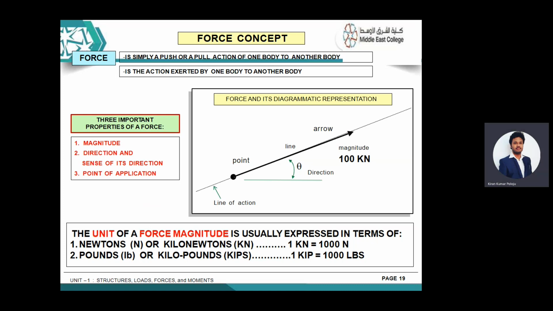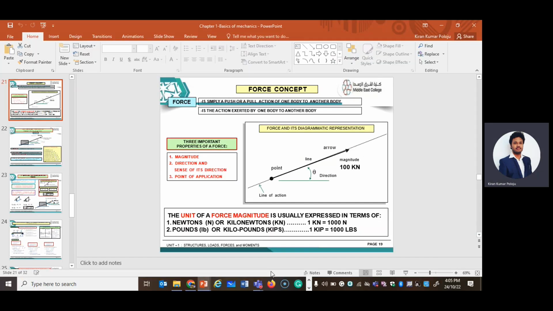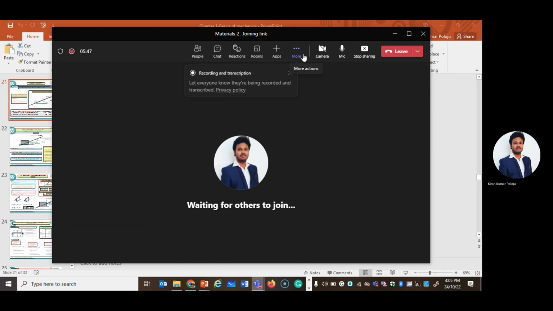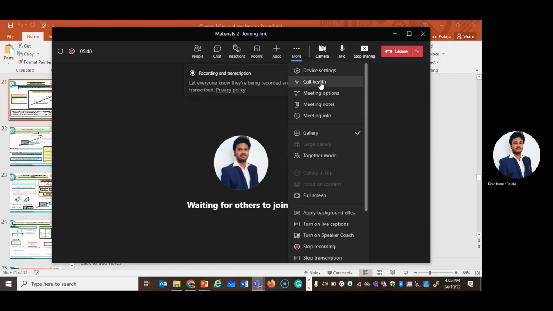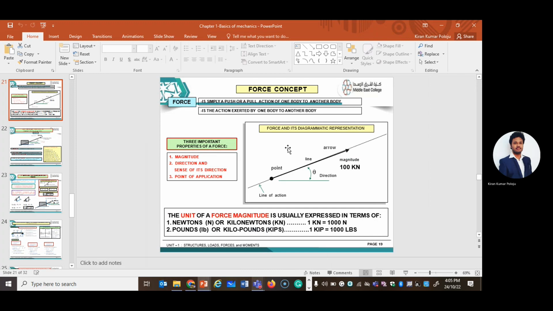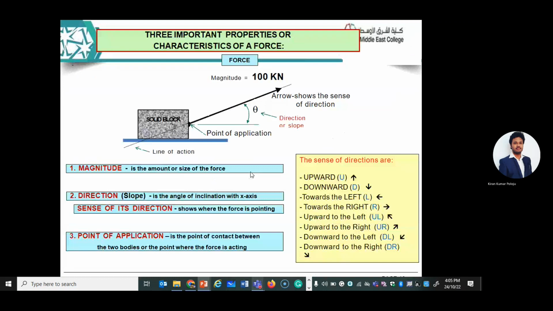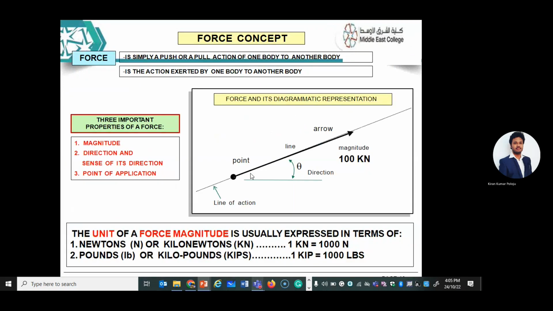Good evening, everyone. In continuation to the previous class, today's session we discuss the force concept.